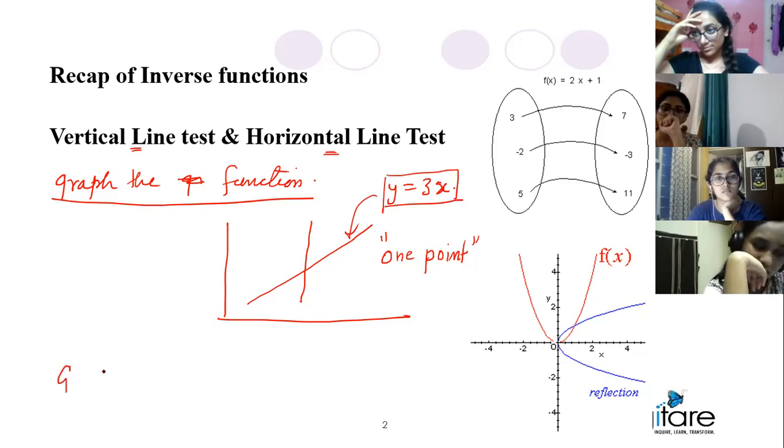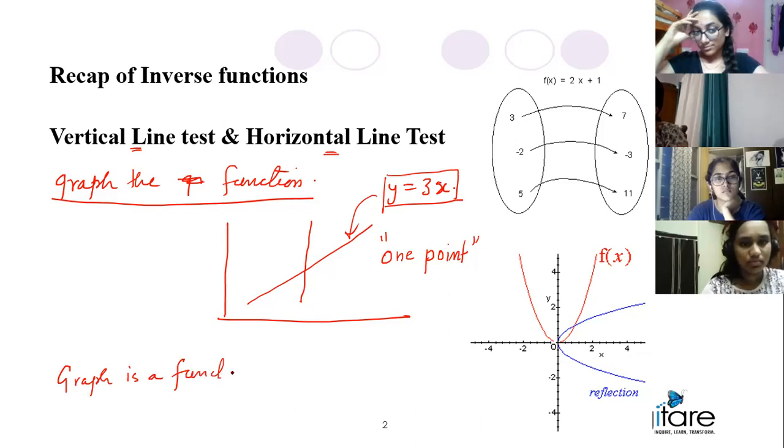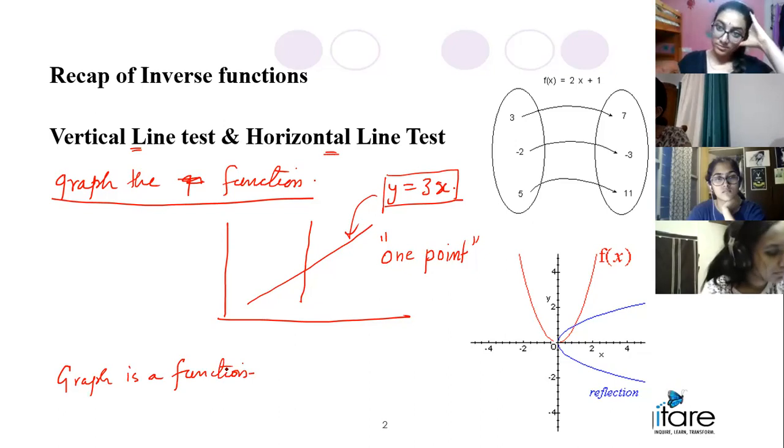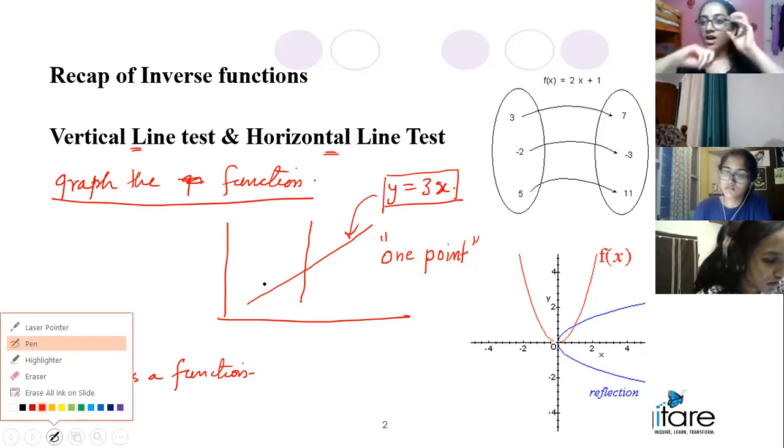okay, then you say, hey, whatever graph you have is a function. Make a note of this. This is called the vertical line test. So for vertical line test, you have to first graph the function. You will say y = 3x² + 4x + 5. You have to graph it. Then you have to draw a vertical line on the graph.